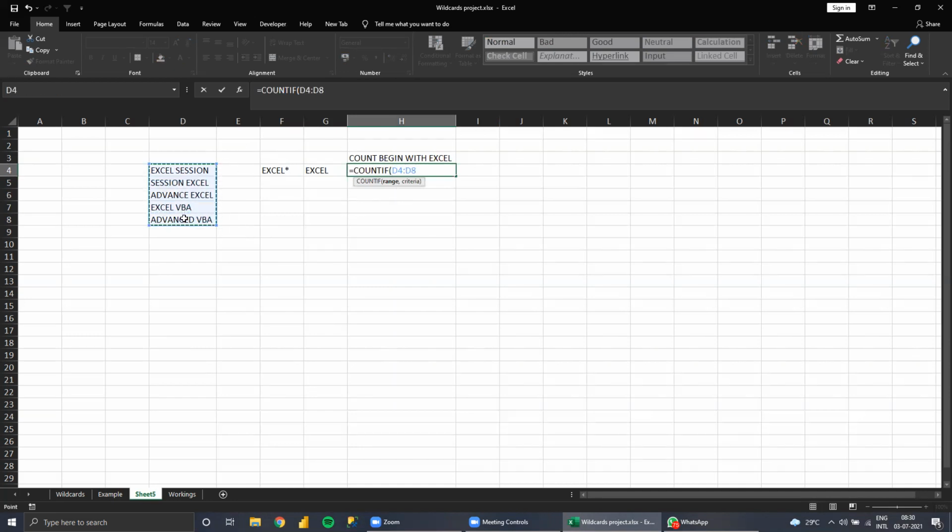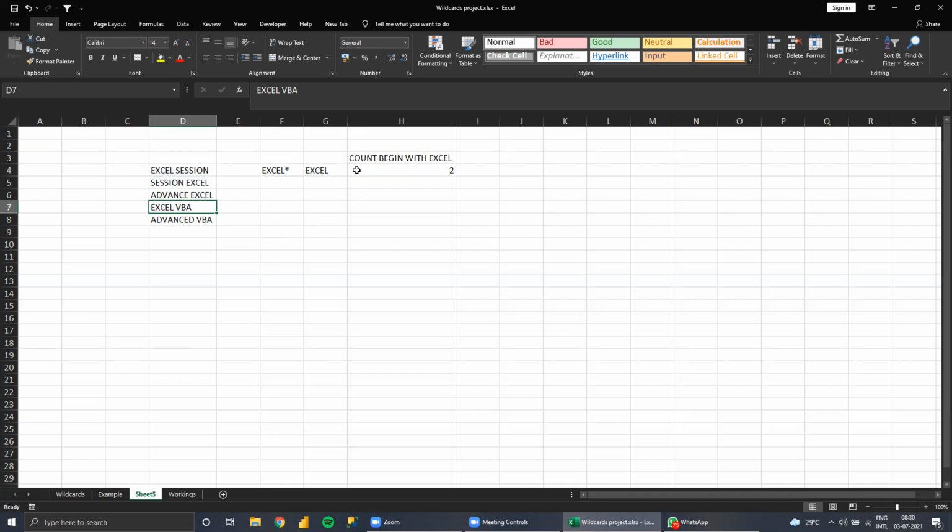Here this is the range, but what can you do for the criteria? Many ways you can write it. Write it like this. To begin with Excel, see here two are there. So how did you get this? See, Excel and star.